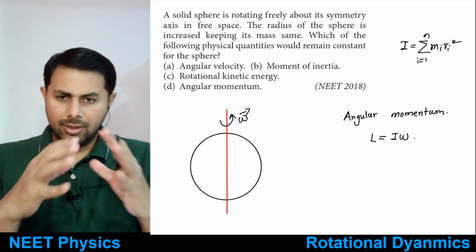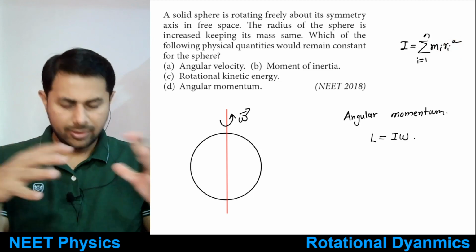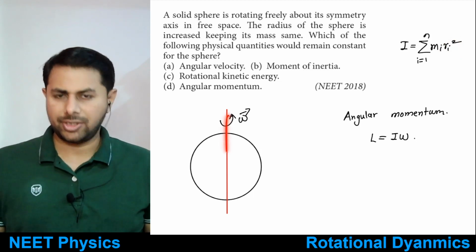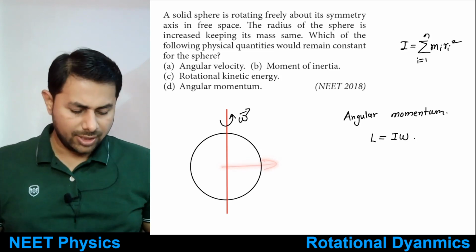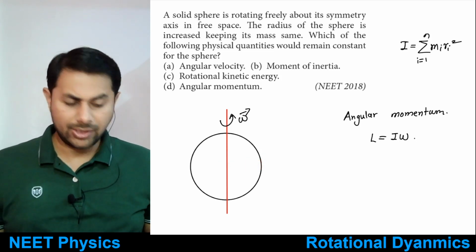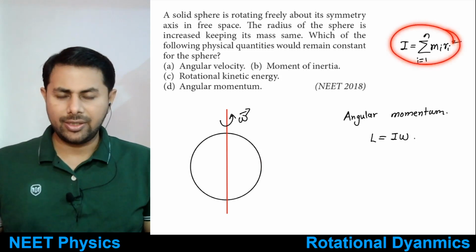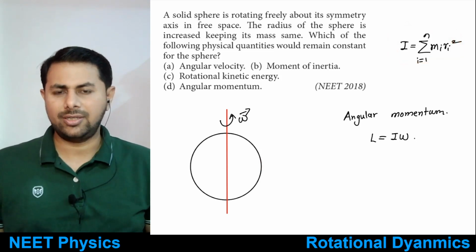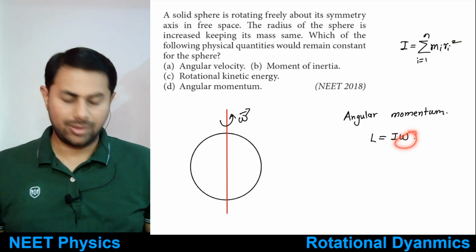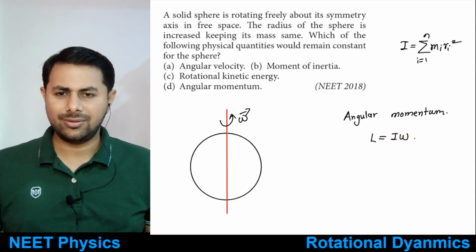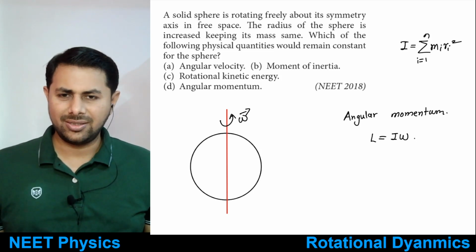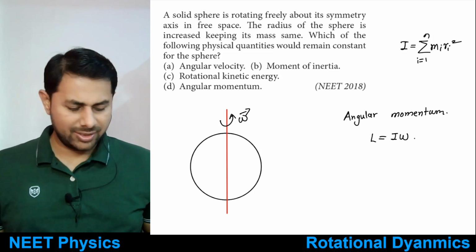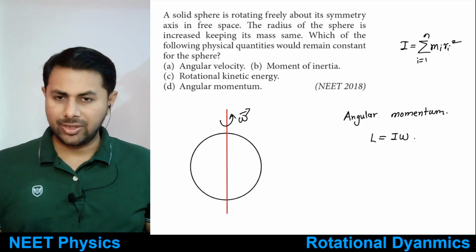Mass is going away from the axis of rotation, and that means the moment of inertia will increase. So if moment of inertia increases, what will happen to the angular velocity? It will decrease. So angular velocity will decrease.